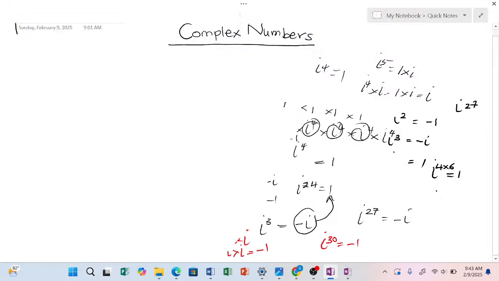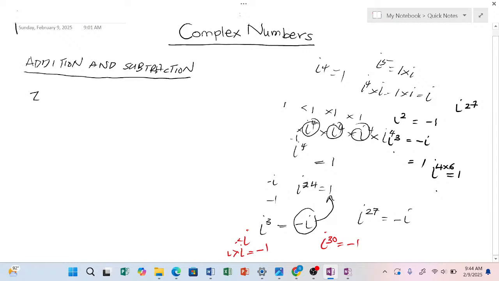So we've looked at powers of i. The next thing that we are going to look at is addition and subtraction. Remember that we are looking at the rectangular form of complex numbers, which is the easiest part.